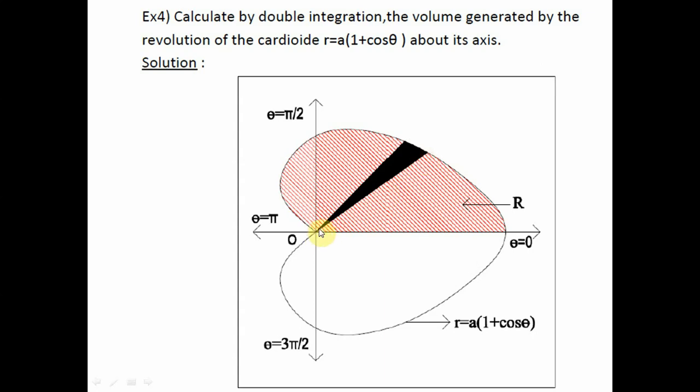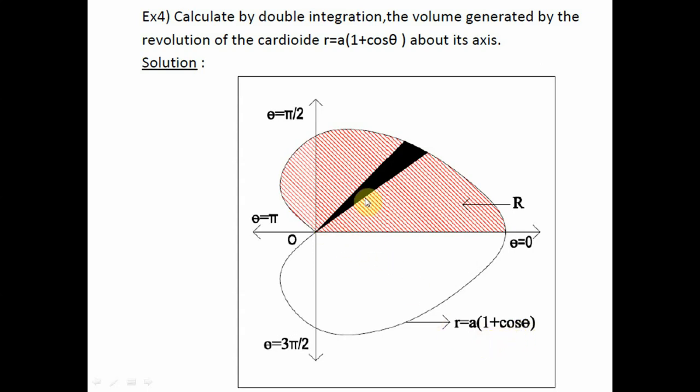The lower part of the strip is on the origin, whose equation is r = 0, and the upper part of the strip is on the cardioid, whose equation is r = a(1 + cos θ). So r = 0 to r = a(1 + cos θ) are the limits of the inner integral.